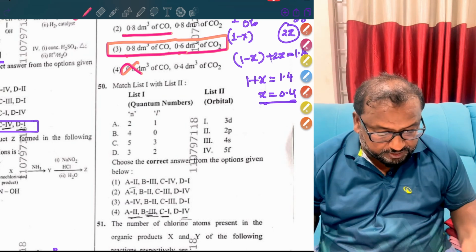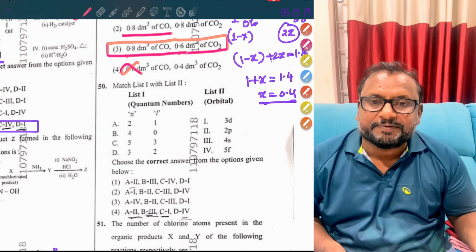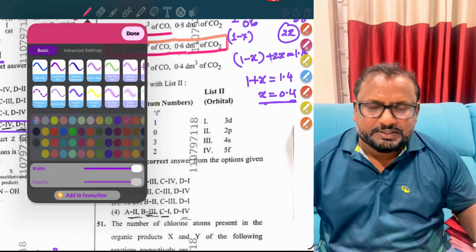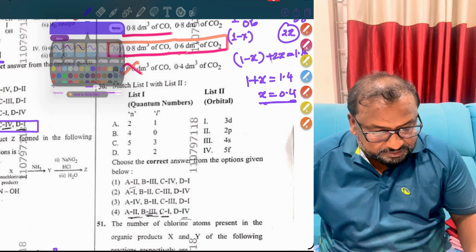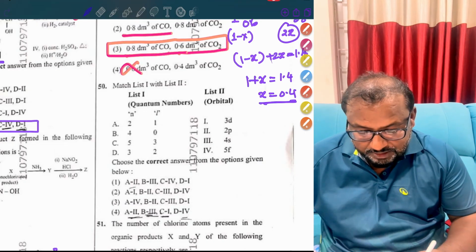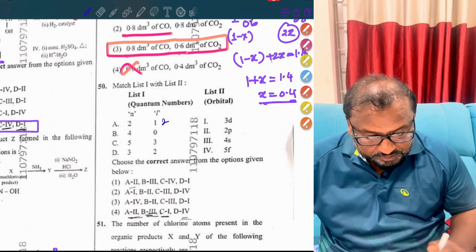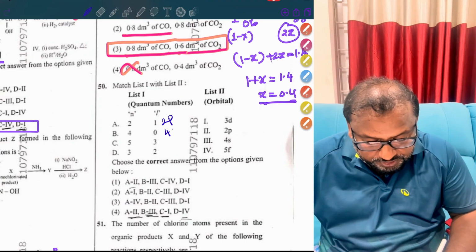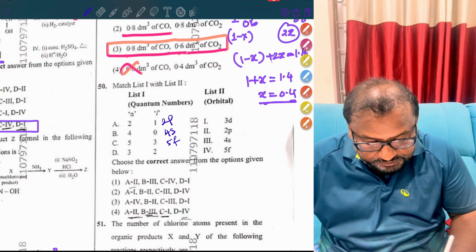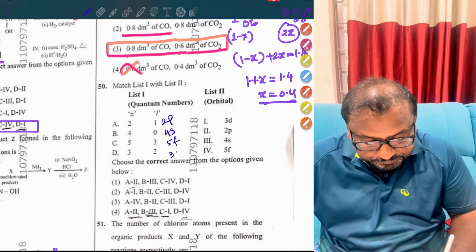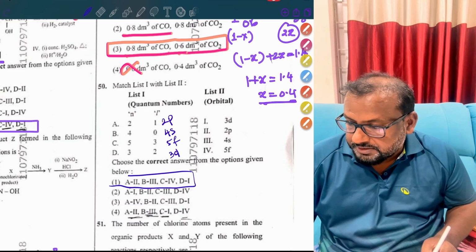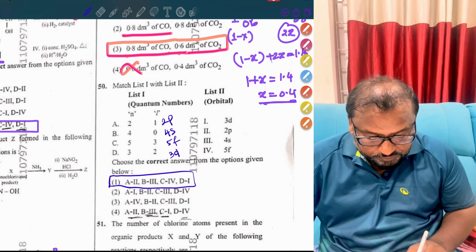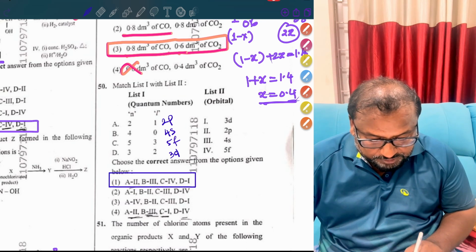Question number 50 is again important, and this is from atomic structure. The easiest question, we just label the orbitals given here. So this is 2p, this is 2p, this is 4s, this is 5f, and this is 3d. So if you match it, the first option should be the answer.